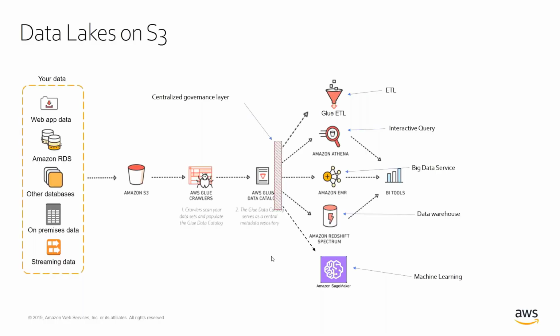AWS Lake Formation will provide you the centralized governance layer where you can do fine-grained access control, where you can vend permissions to tables, column level permissions. All those are built into Lake Formation. So a governance security layer is coming very soon into our data lake architecture.